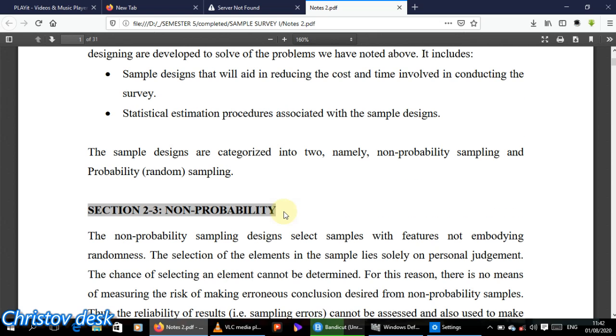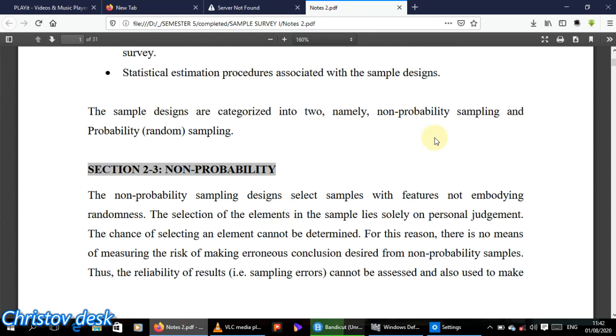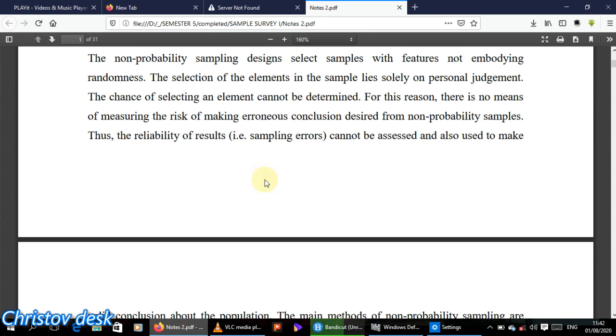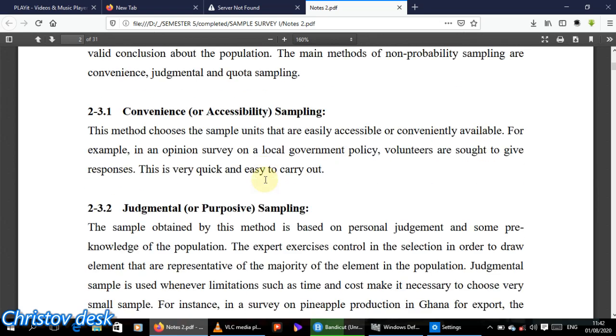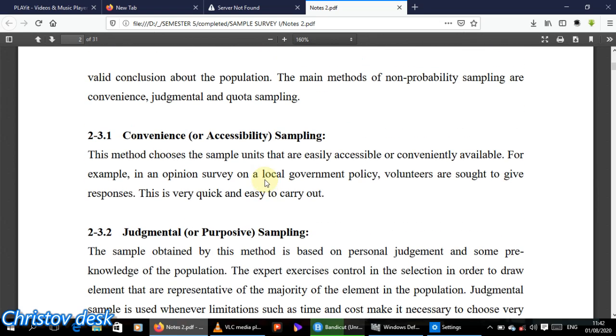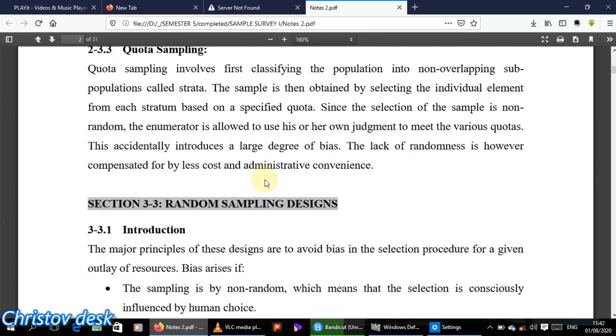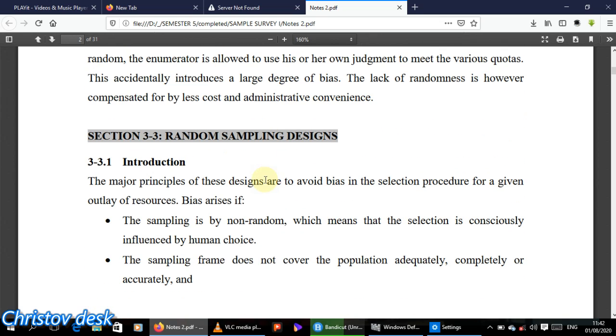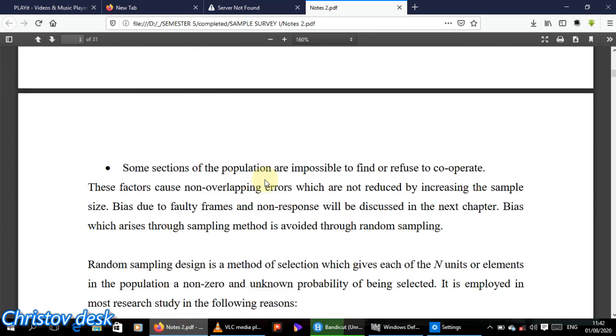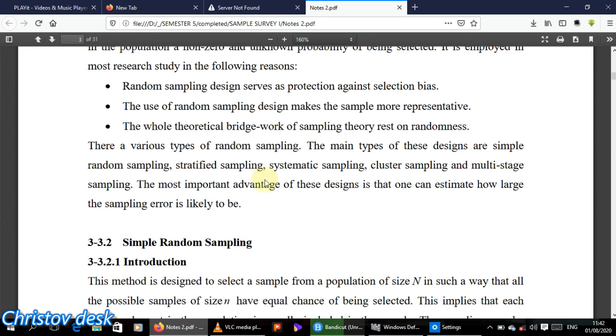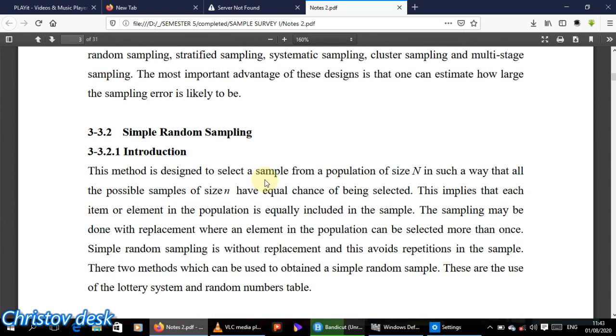So the sample design is categorized into non-probability sampling and probability sampling. We discussed some of the non-probability sampling methods, such as judgmental and quota, and then random sampling or probability sampling. The first probability or random sampling technique we are going to talk about is simple random sampling.